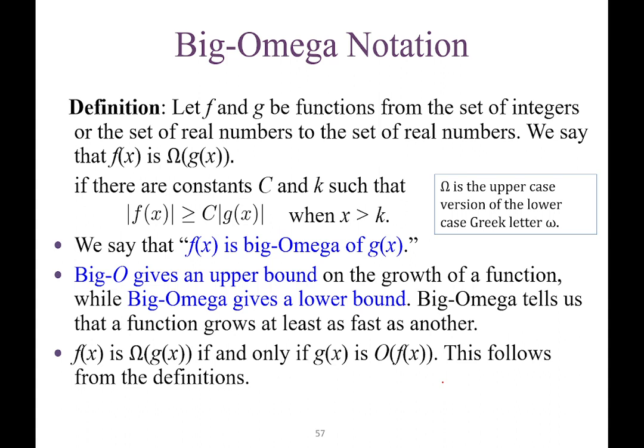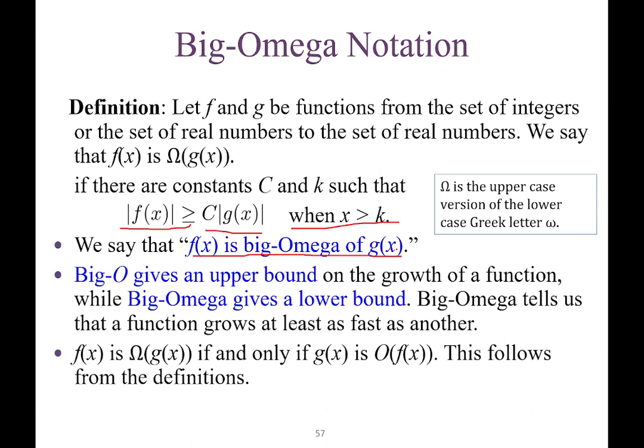Okay, next we will introduce the definition of big omega notation. You can consider it just the opposite of big O notation, because by the definition, if we can write f of x is larger than or equal to c times g of x, with the witnesses c and k, when x is larger than k, then we can say f of x is big omega of g of x.